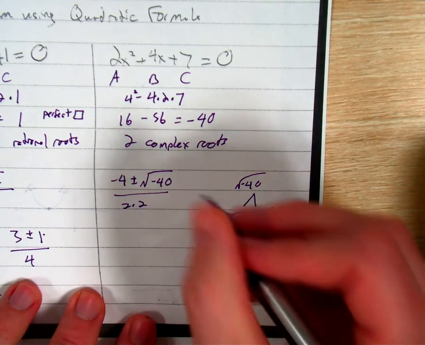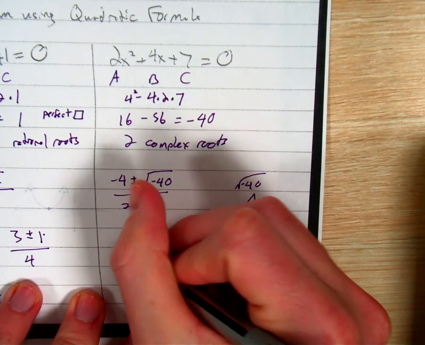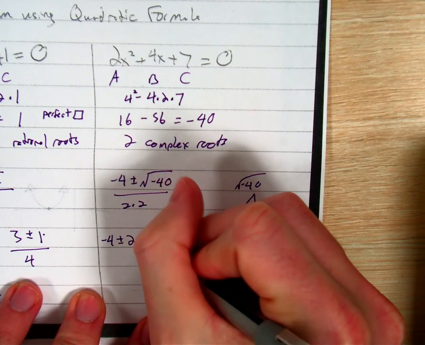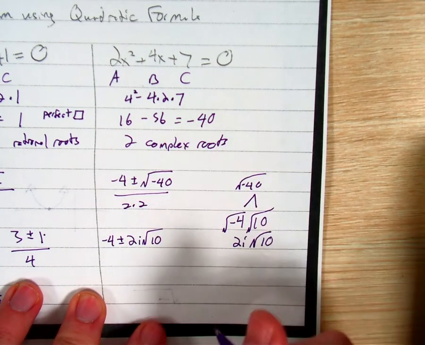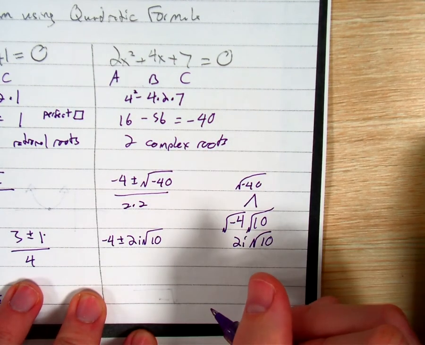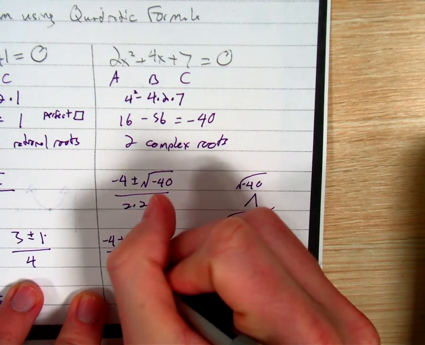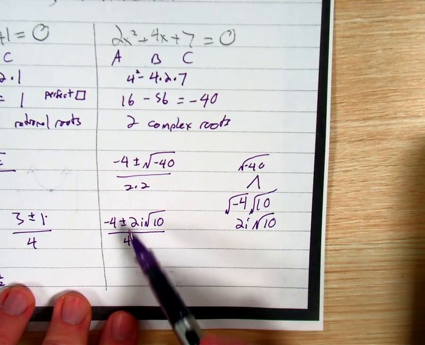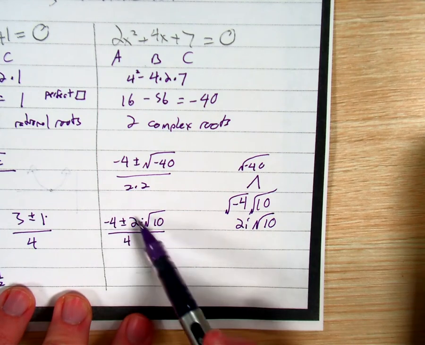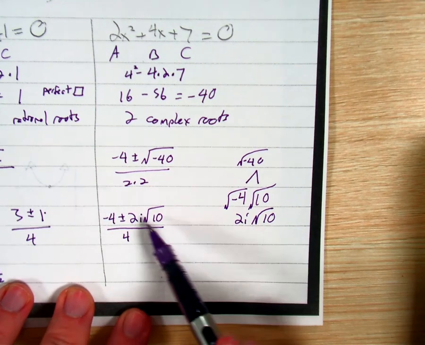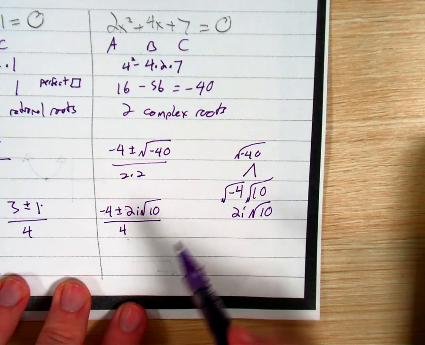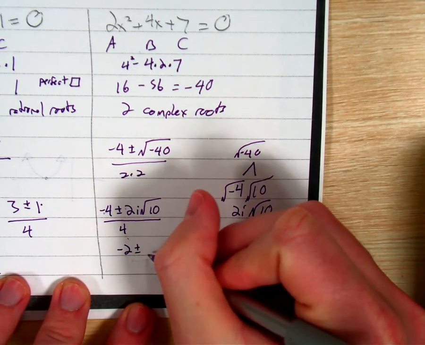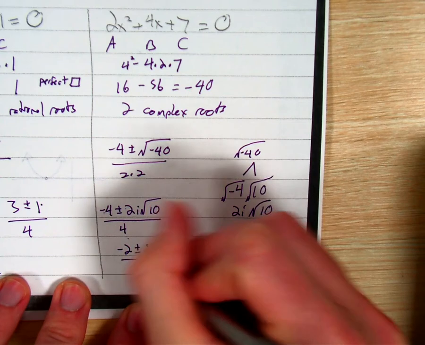Not that scary, huh? Negative 4 plus minus 2i radical 10 over 4. Something in common here. They're all even, so you could divide them all by 2. Negative 2 plus minus i radical 10 over 2.